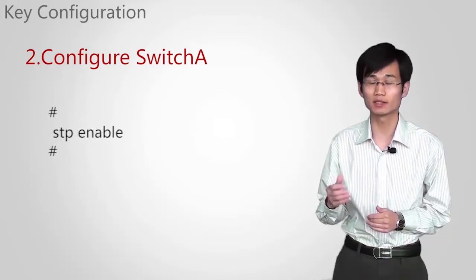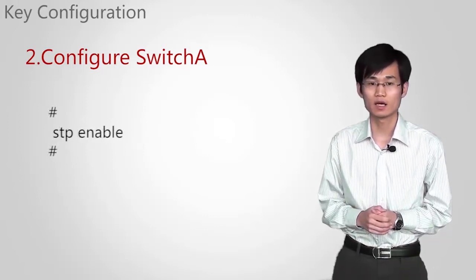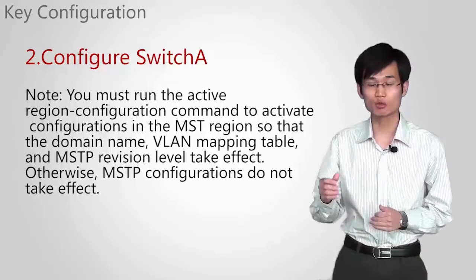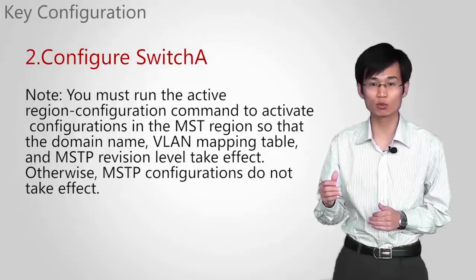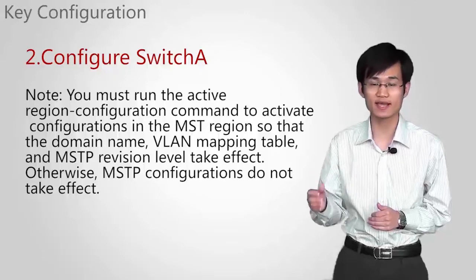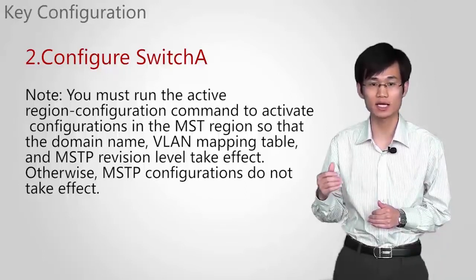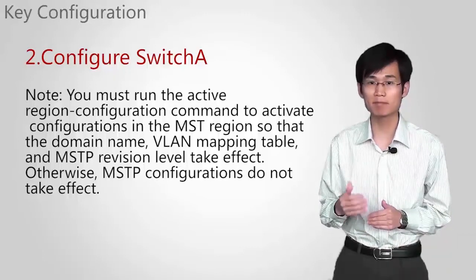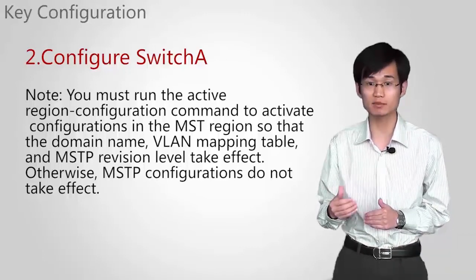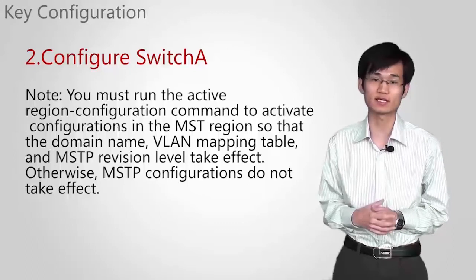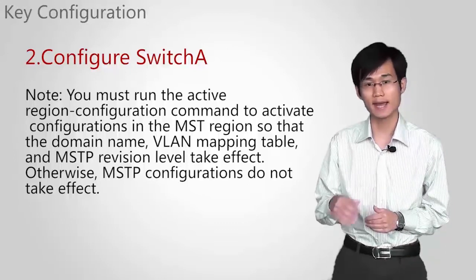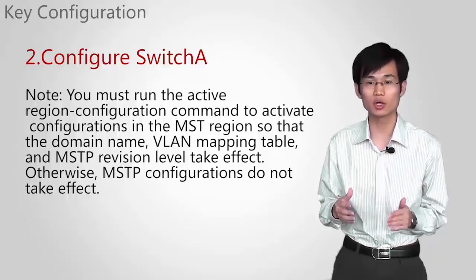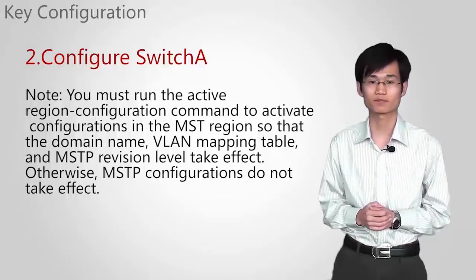Enable STP globally. Please note that you must run the active region-configuration command to activate configurations in the MST region so that the domain name, VLAN mapping table, and the MSTP revision level take effect. Otherwise, MSTP configurations do not take effect.